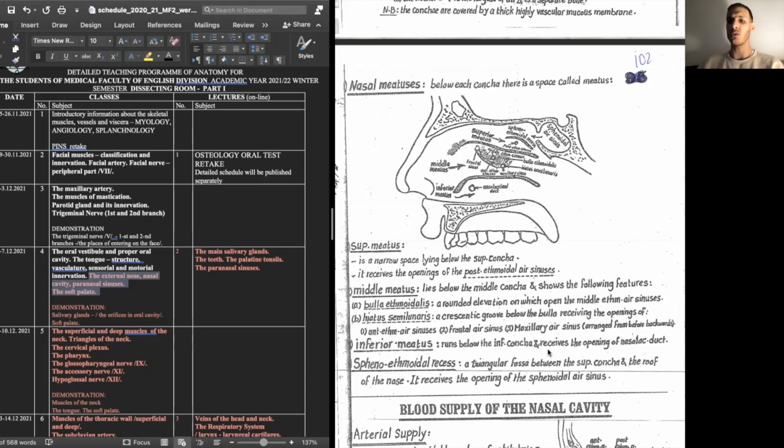And finally, the sphenoidal is found within the sphenoid bone and opens at the sphenoethmoidal recess, which is found between the superior concha and the roof of the nose. So these are basically the summaries of the paranasal sinuses and where they open, the external nose, and the nasal cavity features that we have to discuss.